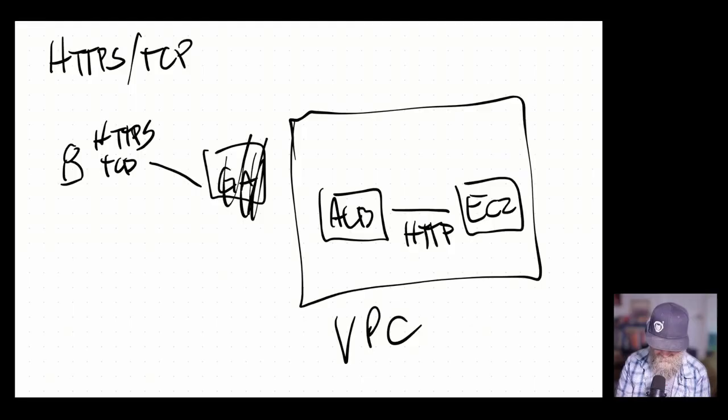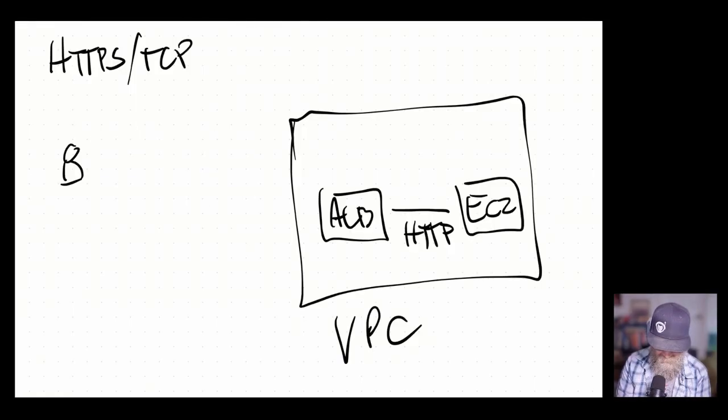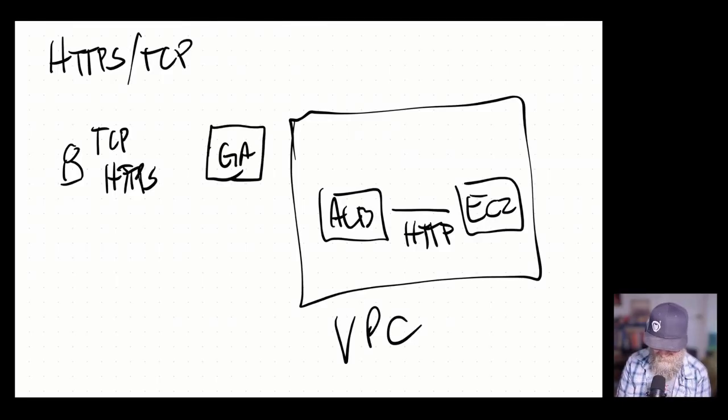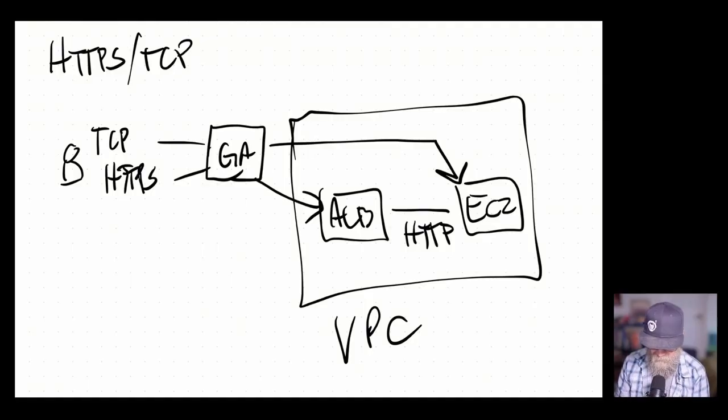Actually, let me show it like this maybe. If we've got TCP traffic and HTTPS traffic, the entry point for both types of traffic is going to be the global accelerator. And then the global accelerator will send TCP traffic directly to our EC2 instance, and any HTTPS traffic will go to our load balancer.